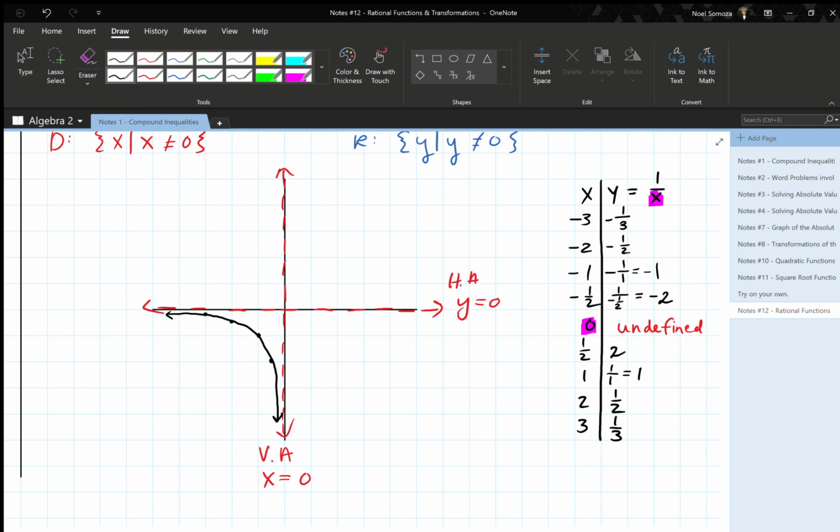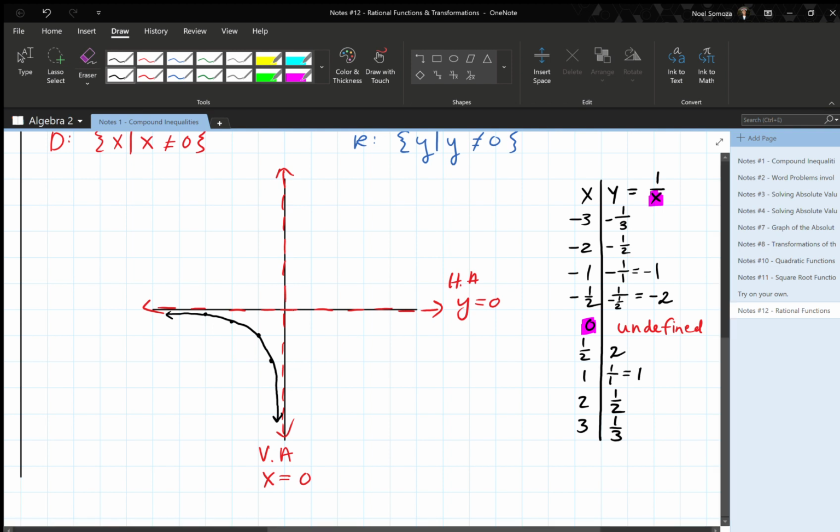Now let's plot the points that are on the right side. So we go +1/2 up to, then we go 1, 1, then we go 2, 1/2, and then we go 3, 1/3. Same thing, right?